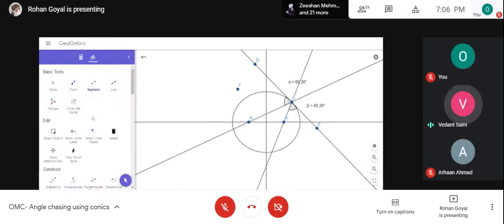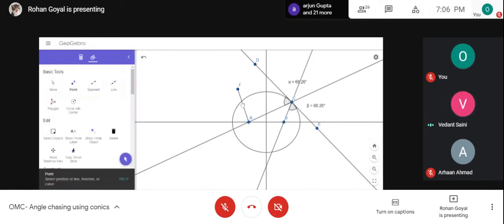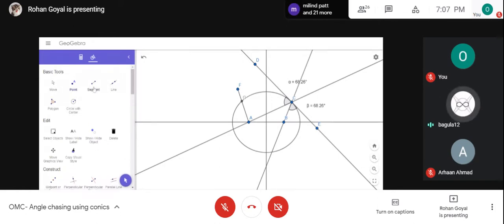We let AF intersect the ellipse, and then join the foci FB, and then GB we can also join.